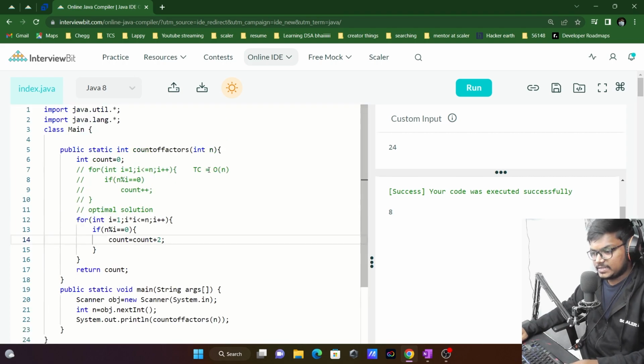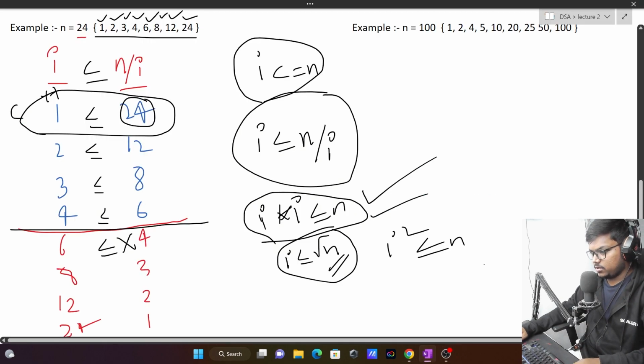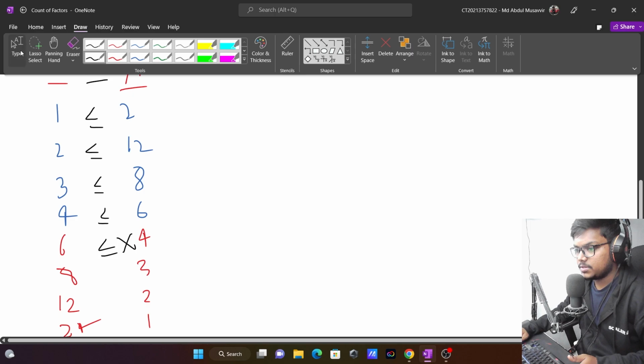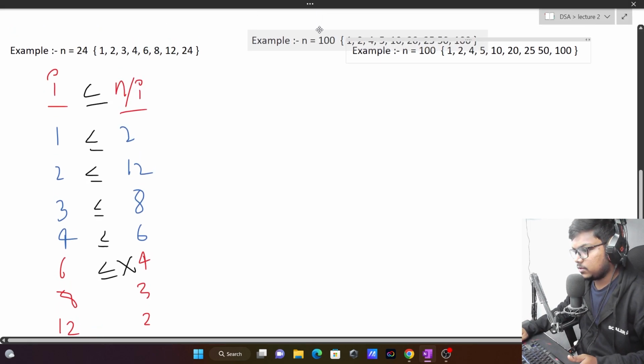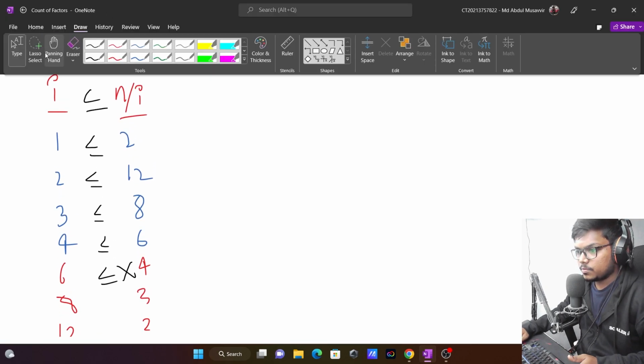But is it a correct solution? For some cases, like for 24, it is a right solution. But for some cases, it is not a right solution. Can you observe something here? Okay, I will give you an example and we'll discuss it.